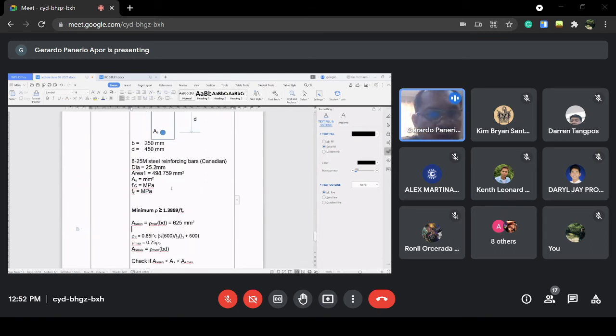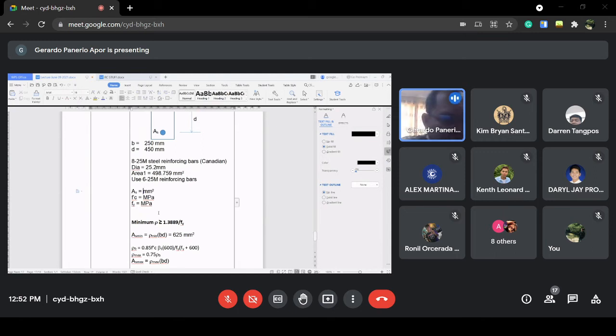Now I did not even use my ES, no? So if I'm going to use ES, my ES here, so I will just specify use 6 or 625 mm squared reinforcing bars. So that means my ES is 6 times 498.759.